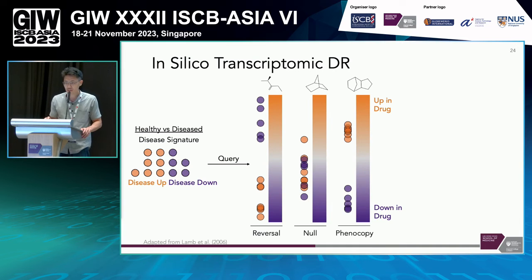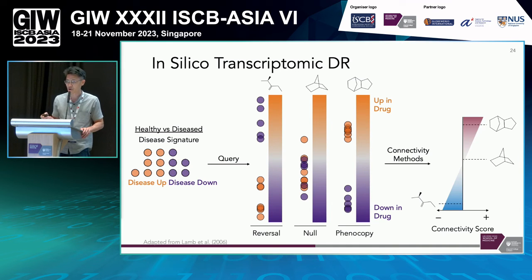We can then quantify the gene correlation with either a positive or a negative score, where a positive score indicates that the drug phenocopies the disease, while a negative score indicates that the drug reverses the disease signature. Finally, we can use these scores to prioritize the drugs that can potentially reverse the disease signature.